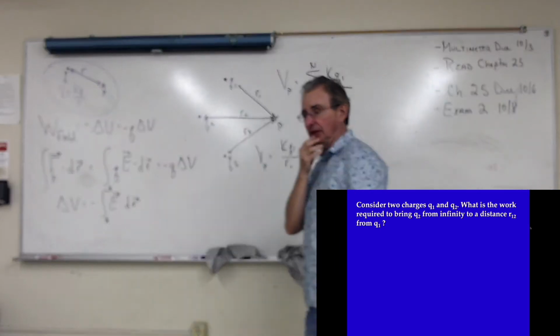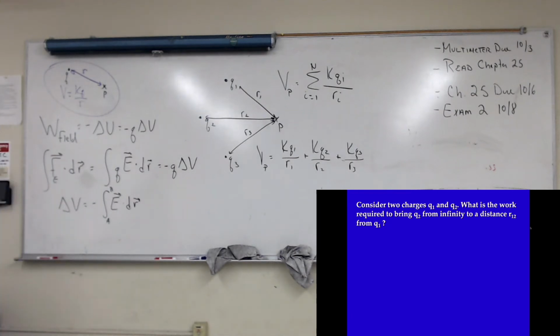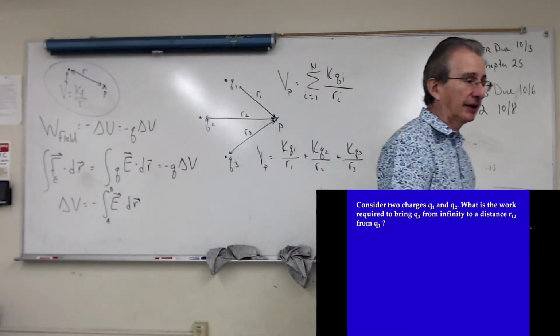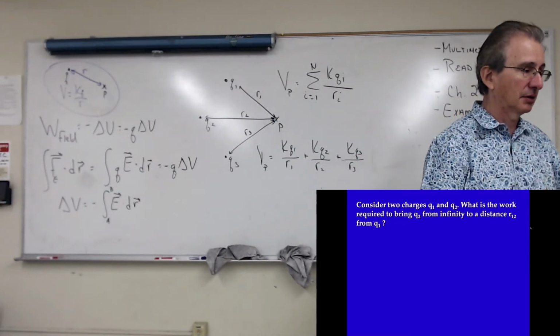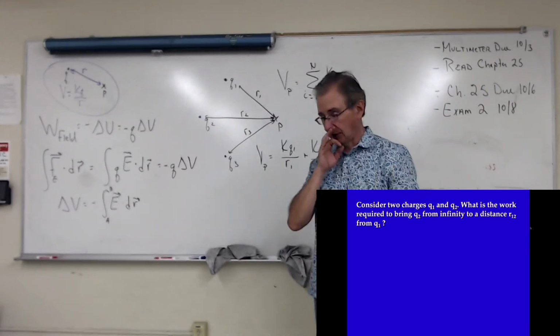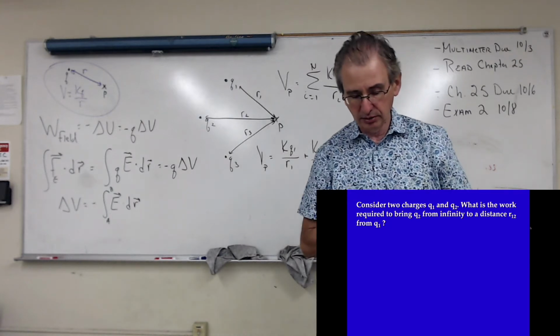Let's look at this idea then to determine how much energy is required to assemble a system of charges. Really what I'm looking at is the concept of electrical potential energy. I'm going to derive the idea of electrical potential energy a different way.